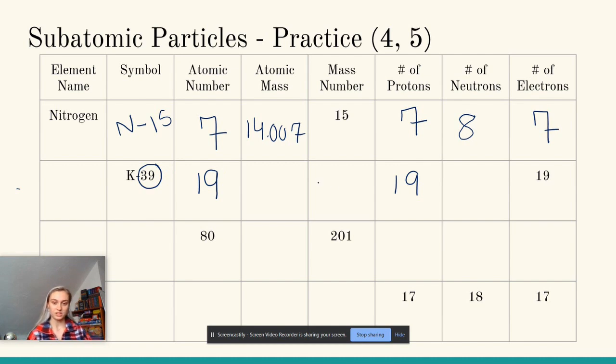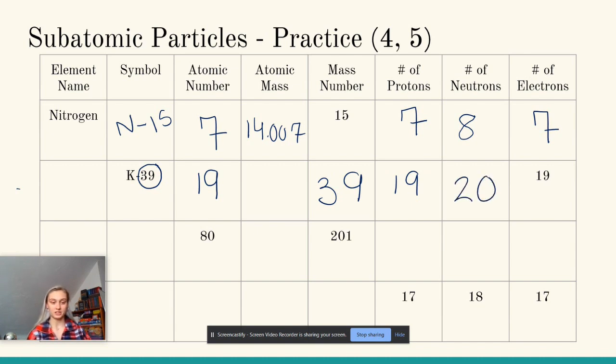So we know the mass number in this case is 39. One more thing we can do before we go to the periodic table is get the number of neutrons. Remember, I'm just going to subtract the mass number minus the number of protons. So 39 minus 19 is 20.